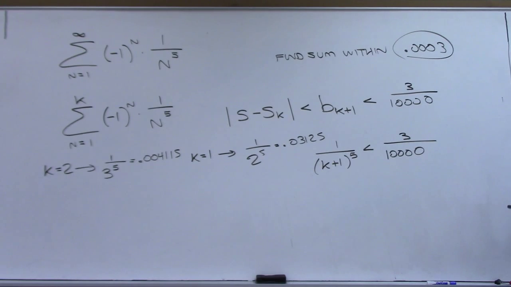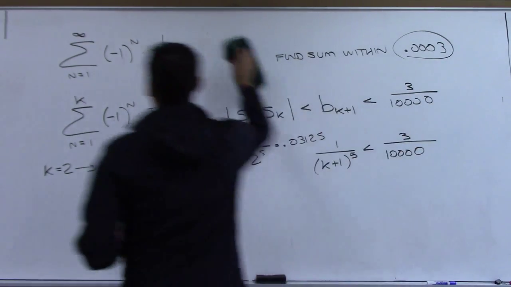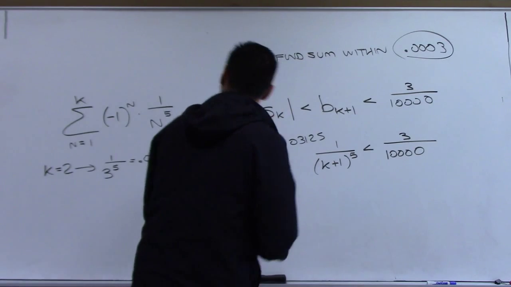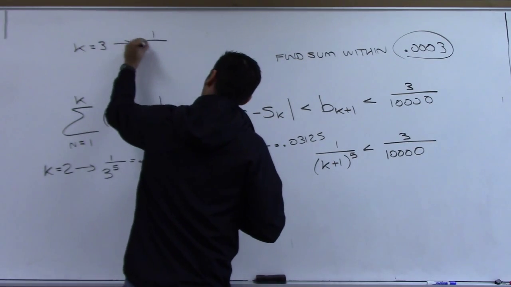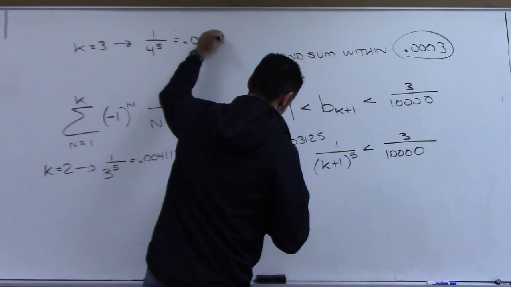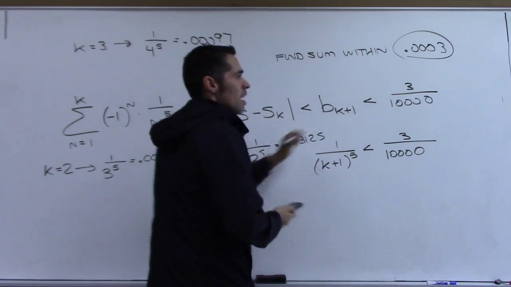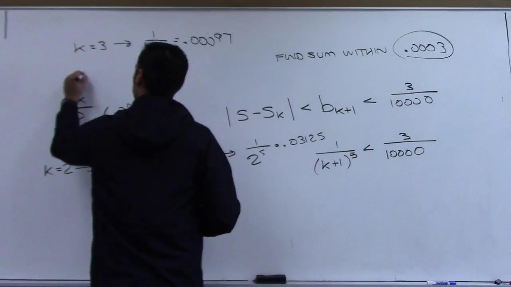No. So now you let k be 3, which will be 1 over 4 to the 5th. So k equals 3. If k was 3, we get 1 over 4 to the 5th, which is 0.00097. Still not smaller, right? The next one will work.